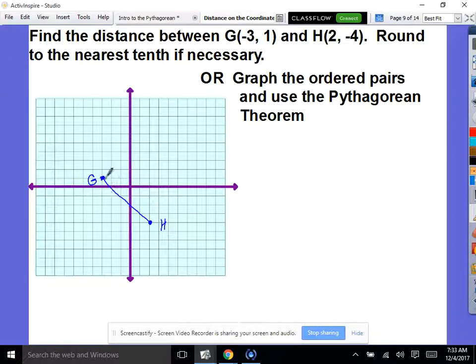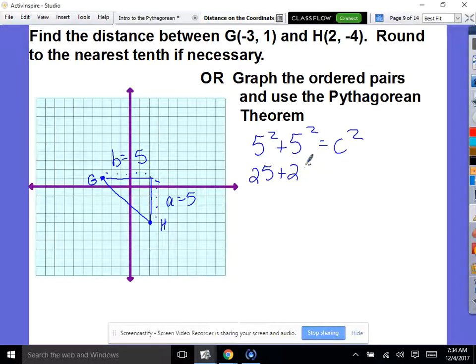So I can draw horizontal, draw vertical, and now I can count my sides. 1, 2, 3, 4, 5. A equals 5. 1, 2, 3, 4, 5. B equals 5. So 5 squared plus 5 squared equals C squared. And you can see it's the same thing that we did with the coordinates. 50 equals C squared, so C equals 7.1.